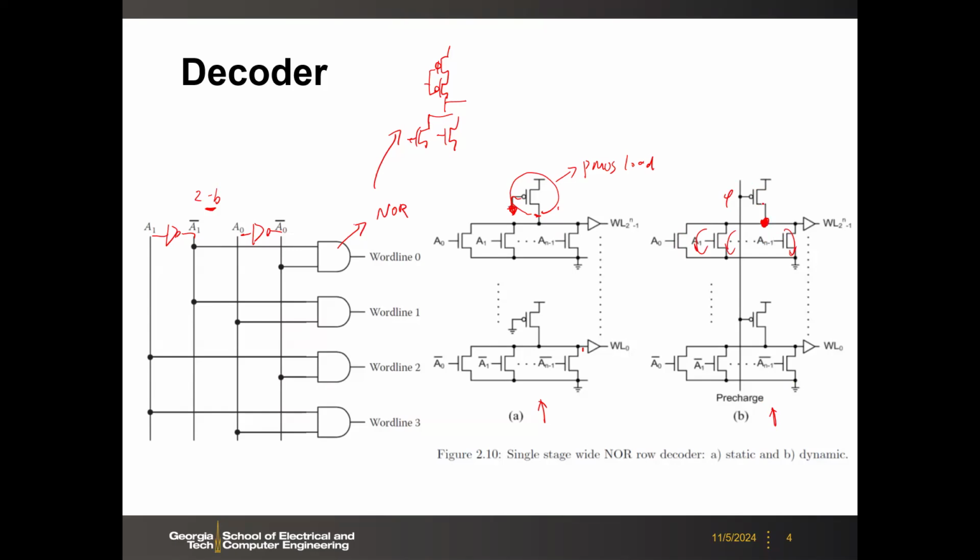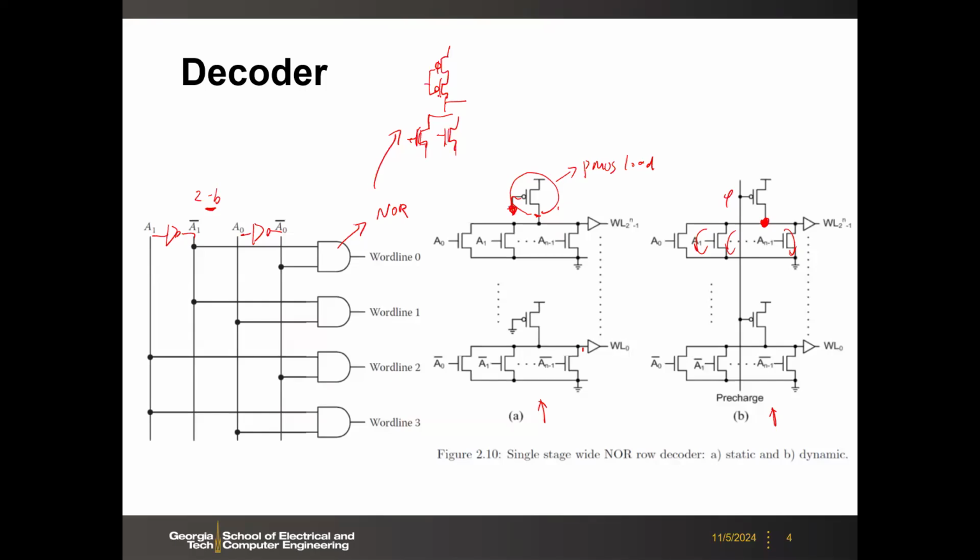So you can use dynamic logic with gate control instead of the static decoder. Dynamic logic typically can run a little bit faster, right? But still, the CMOS design is pretty widely used as well.